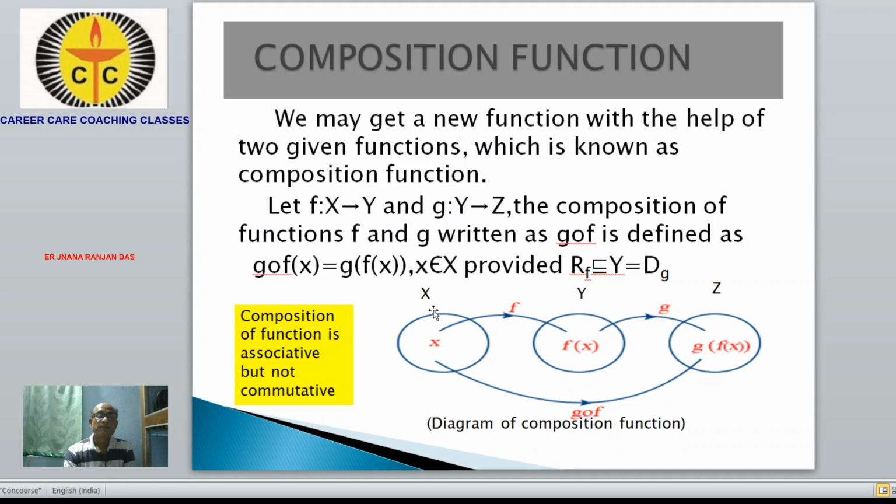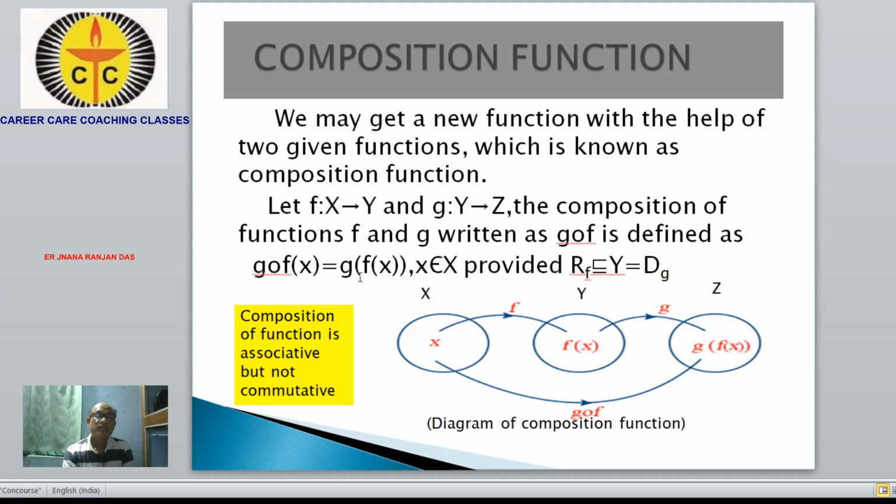Here we see X, Y and Z. A function is defined from X to Y, that is f, and another function is defined from Y to Z, that is g. Then if we take the composition of the functions f and g, we can write this g(f(x)). It is a new function.